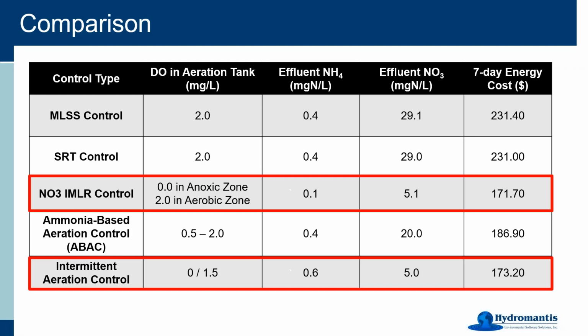Of course, these two stand out. When you're doing nitrification and denitrification, you actually get some savings of energy cost, because some of the carbon coming in the front end of your plant is being used to do the denitrification. So therefore, you don't have to get rid of it in the aerobic zone. So you'll save a little bit of energy required there.